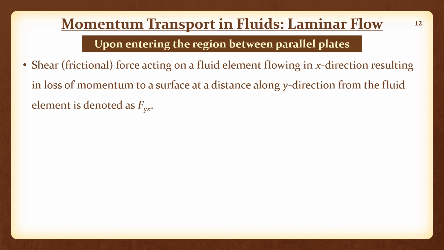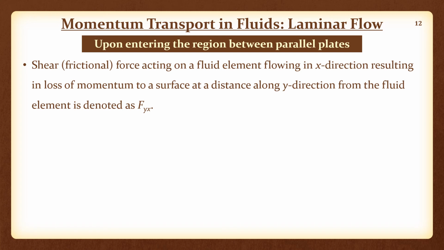So there is one stationary surface present at y is equal to plus b, and another stationary surface present at y is equal to minus b. So there are two surfaces to which the momentum is being lost.